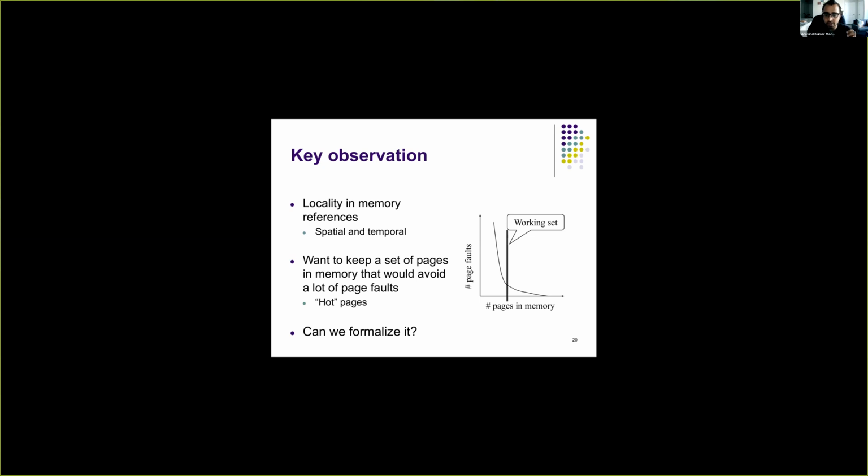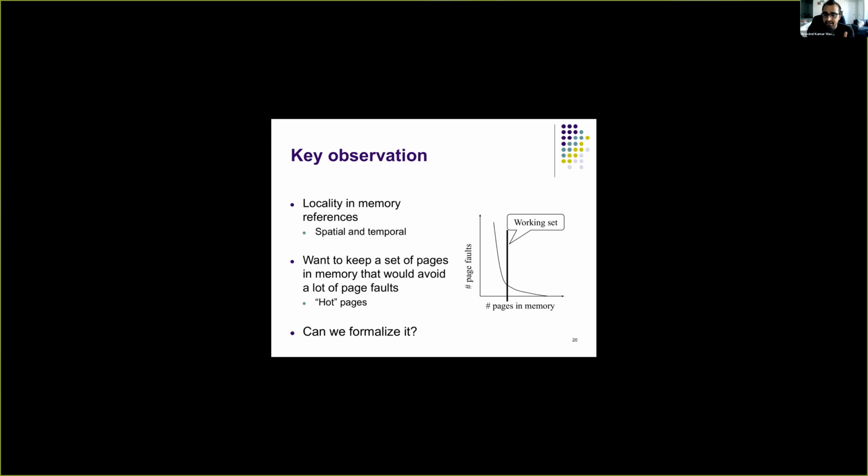The graph on the slide shows the number of page faults as the number of pages in the memory is increasing. As we increase the number of pages that are needed by a process in the memory, the page fault rate naturally decreases because pages that are needed by the process are all in the memory, right? Initially, when there are very few pages, the page fault rate will be high.